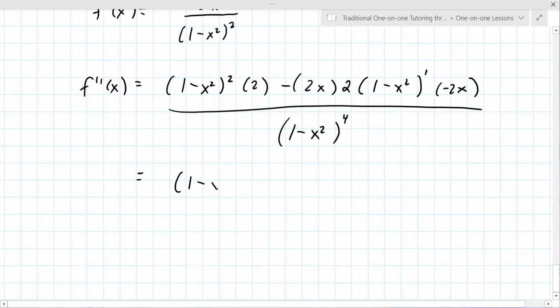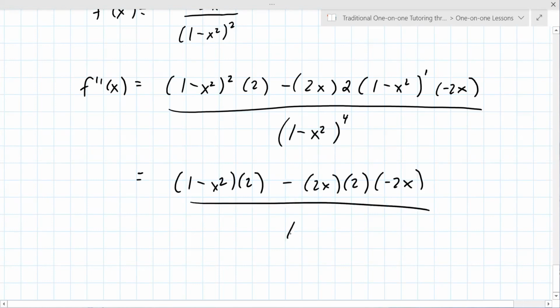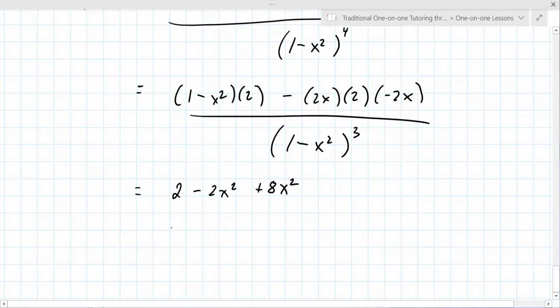It leaves (1 minus x squared) times 2 minus 2x times 2 times minus 2x, all over (1 minus x squared) to the power of 3. Okay, so now in the numerator, you get 2 minus 2x squared, and then this becomes 8x squared over here, but it's plus. And that's all over (1 minus x squared) cubed.